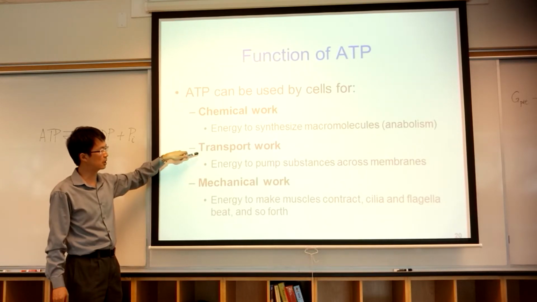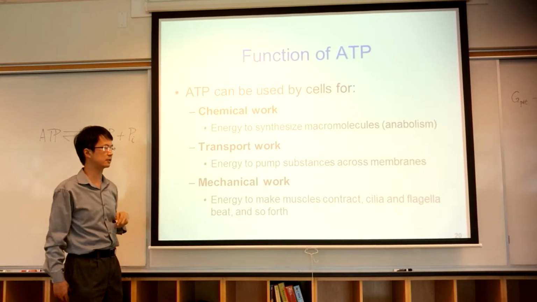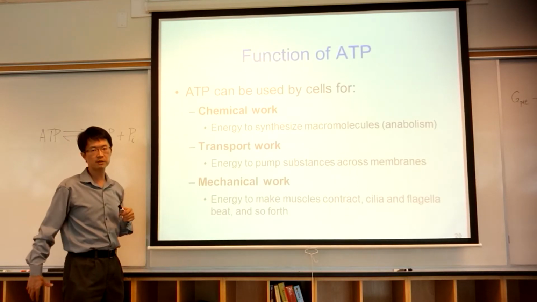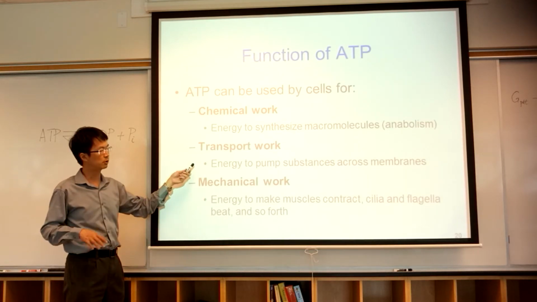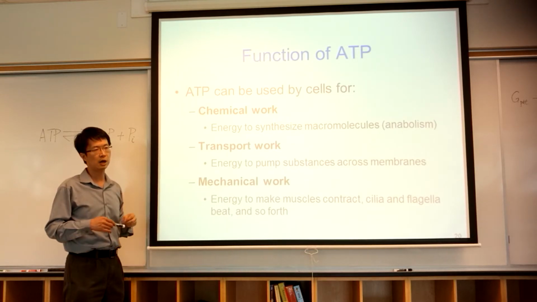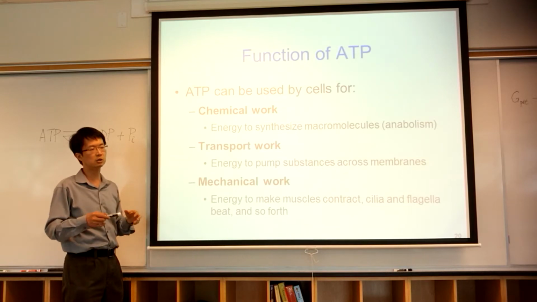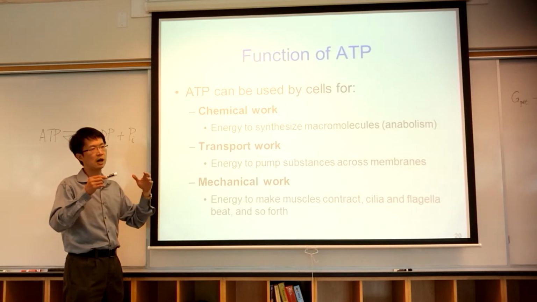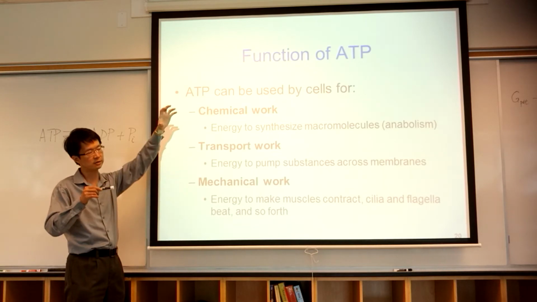Transport work. We can pump substances across the membrane. Previously, we talked about the sodium-potassium pump. The sodium-potassium pump uses ATP to move the sodium ion against the concentration gradient from inside the cell to outside the cell.